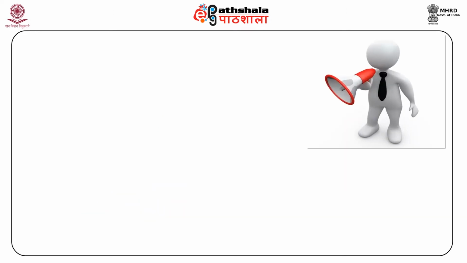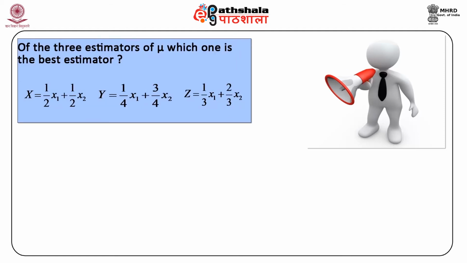Now explaining it better with an example: of the three estimators of mu in example 1, which one is the best estimator?